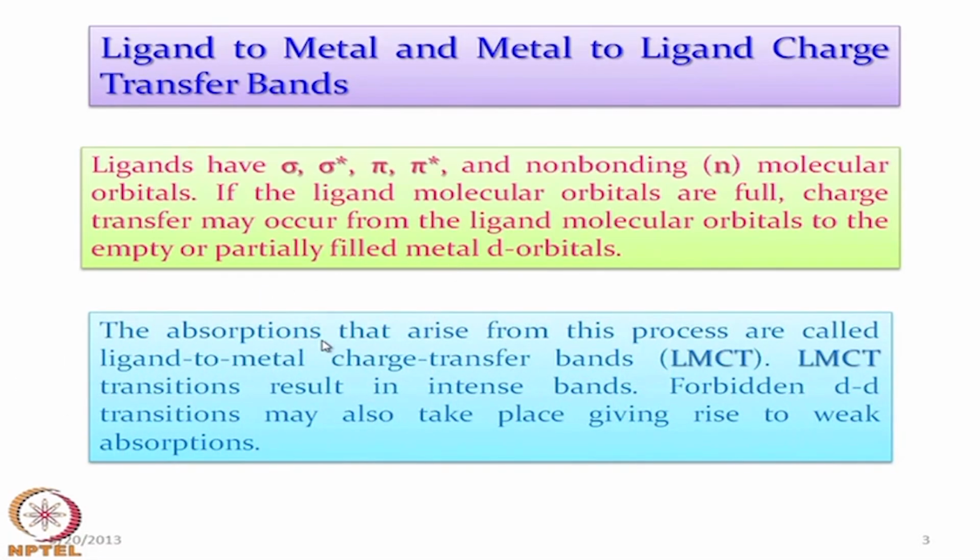So, in absorption that forms from a process of this type, that means ligand to metal charge transfer is taking place, and we will be getting the corresponding bands as LMCT bands. LMCT transitions result in intense bands, since the probability is very high for these transitions compared to the forbidden d-d transitions, which may also take place, giving rise to weak absorptions.